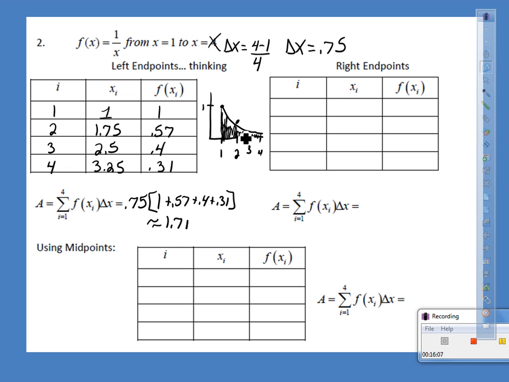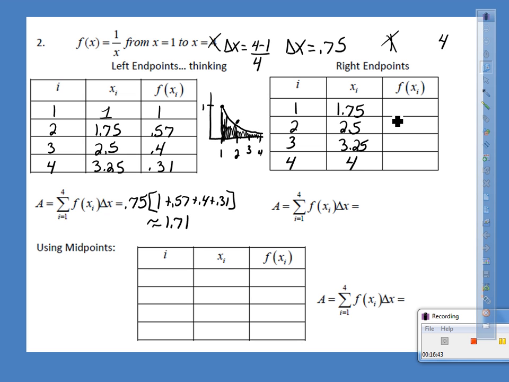But to keep things clicking, when I go look at the right endpoints, once again, guys, I got 4 rectangles I'm going to be looking at. When I think about the right endpoints, this time the 4 will get to play, but the 1 won't. So the 1 doesn't get to play, but the next number I'm going to use then is 1.75, 2.5, 3.25, and 4.